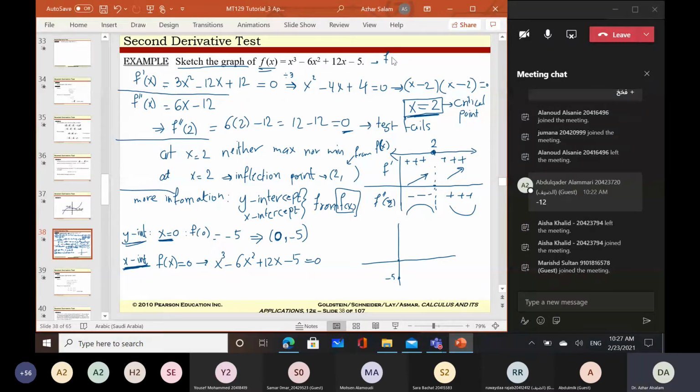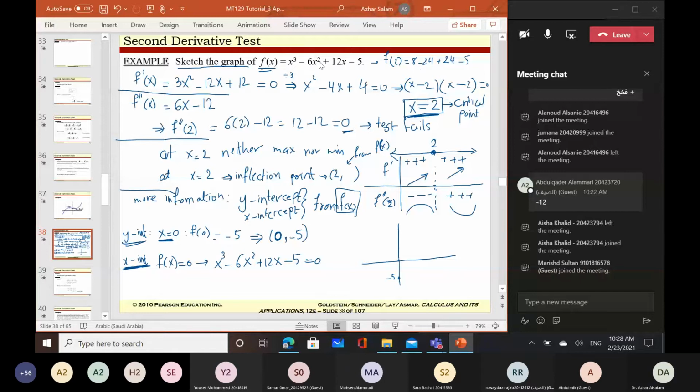So here, f of 2 equals 8 minus 6 multiplied by 4, 24, plus 12 multiplied by 2, also 24, minus 5. 8 minus 5, which is 3.